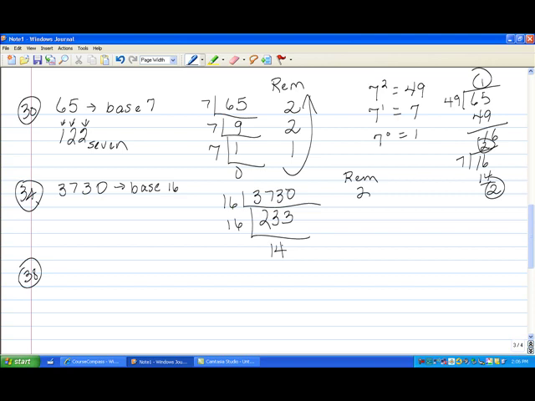So the remainder is 9. 16 into 14 will not go, so I have a remainder of 14.